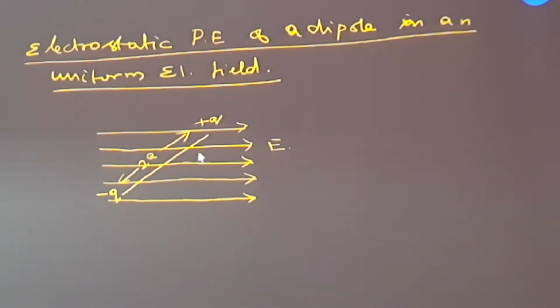Already we have studied that when this dipole is placed inside a uniform electrical field, it will experience a torque. The torque experienced is tau vector equal to P vector cross E vector, and if you take the magnitude of the cross product, the torque produced tau is equal to PE sin theta.